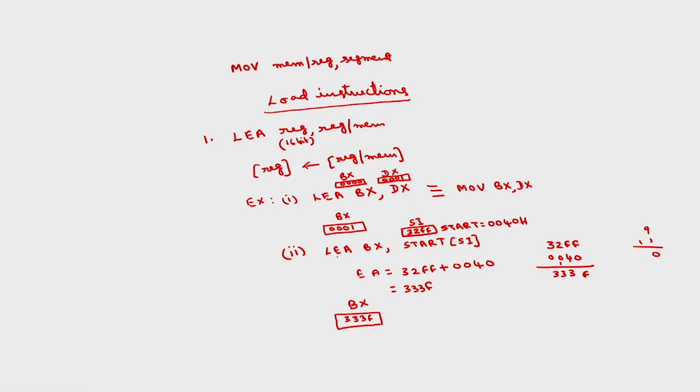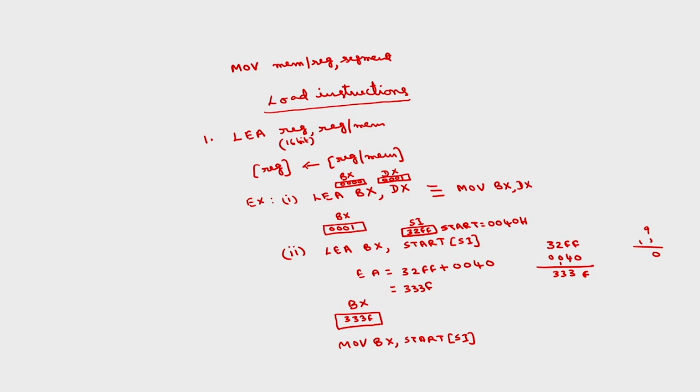Now, the difference between LEA and MOV: suppose I write MOV BX comma start SI. In this case, this will load the contents of the physical address computed from the data segment register.